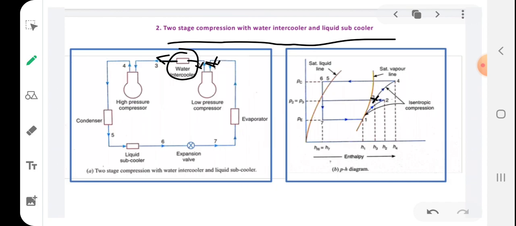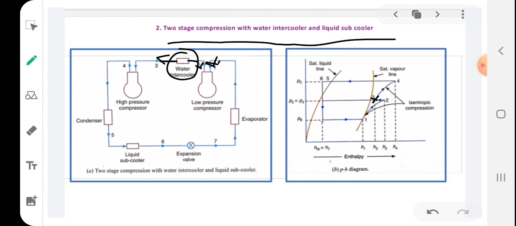So that is why that particular case was called a liquid intercooler. But here we are using the word water intercooler. So we are using an external agent, water, as an aid to de-superheat.